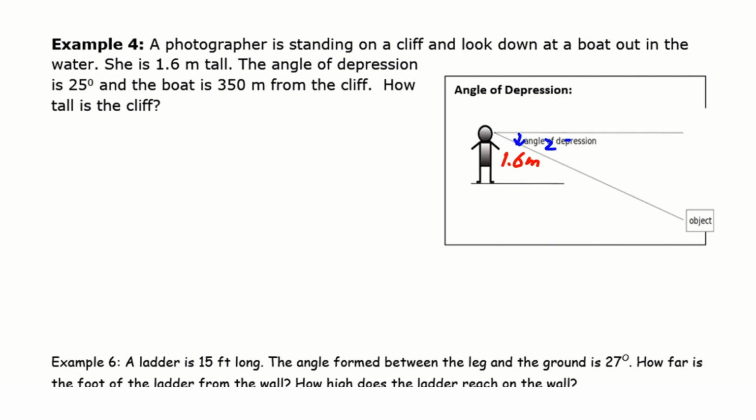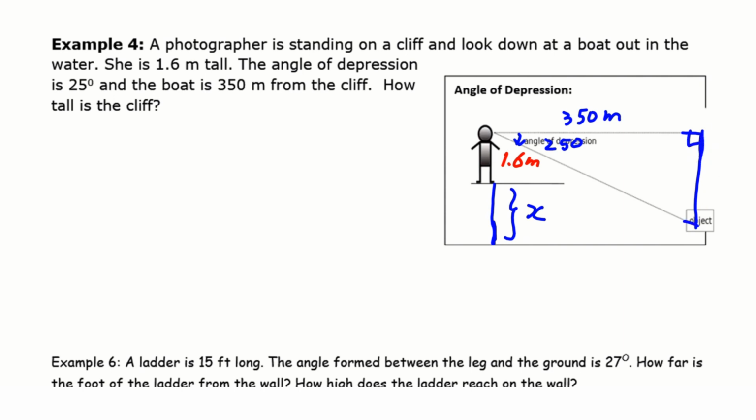It's 25 degrees. And the boat is 350 meters from the cliff. It asks you how tall is the cliff. So this is above the cliff and look down. So they want to ask you the height of the cliff. So we are going to create a triangle, okay, right angle triangle.